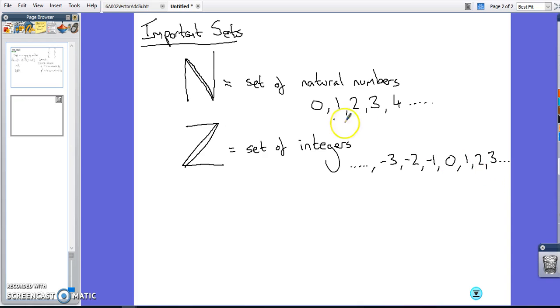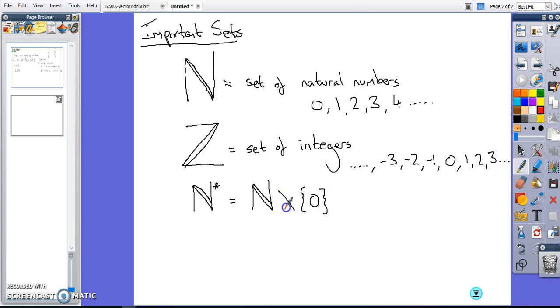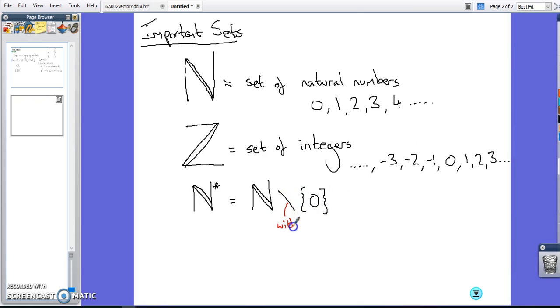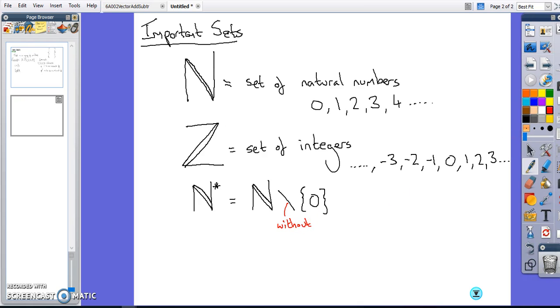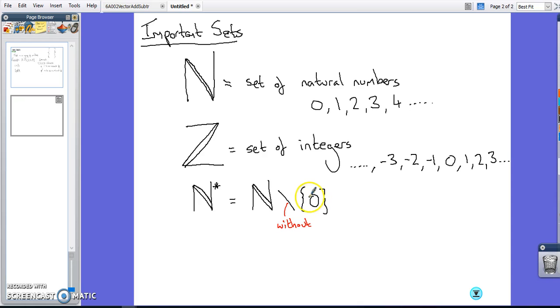And of these two sets, we also have special subsets. So we have N star, which can be written mathematically like this. This line here means "without". So this is the set of natural numbers without 0.